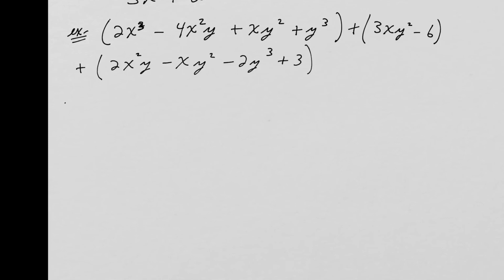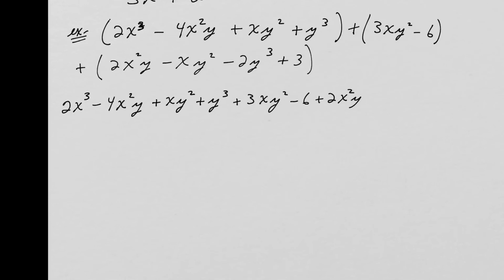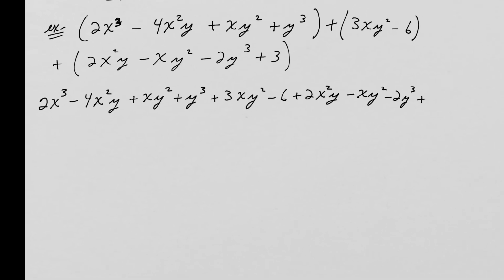So I have 2x cubed minus 4x squared y plus xy squared plus y cubed plus 3xy squared minus 6 plus 2x squared y minus xy squared minus 2y cubed plus 3.